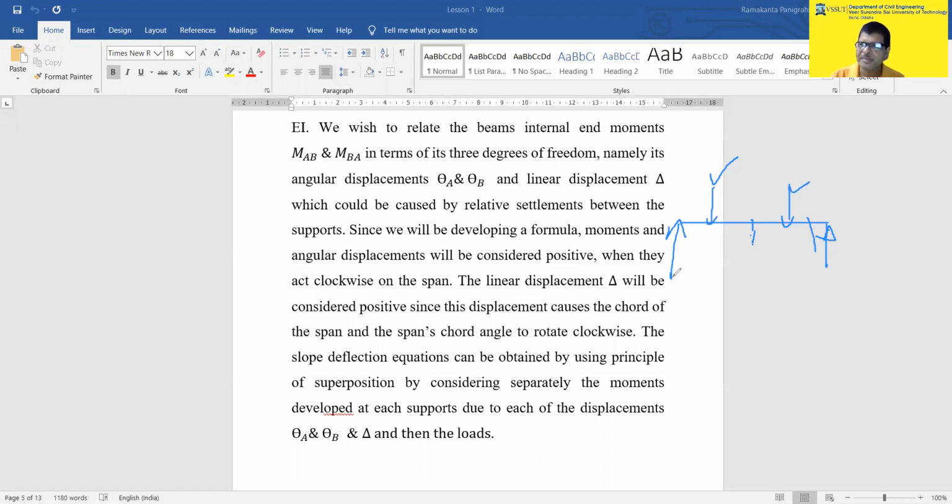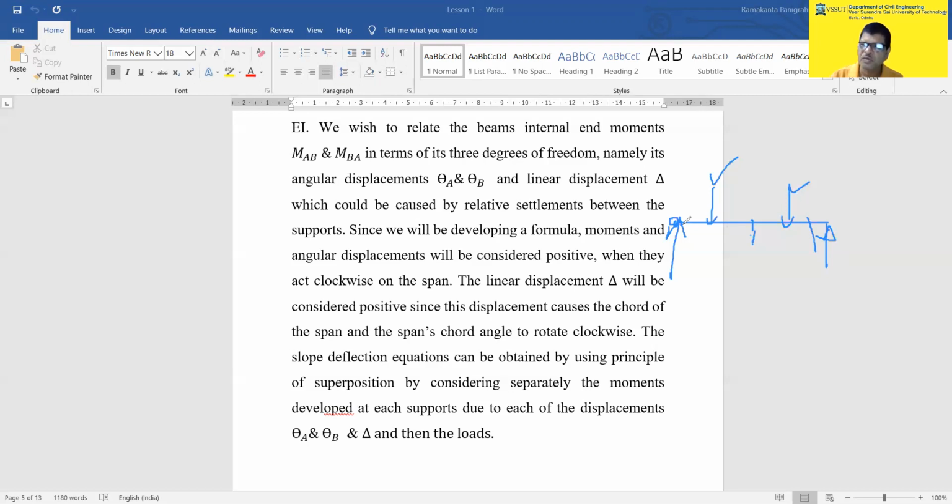So whatever moments are developed due to theta A, if we are applying rotation theta at A, theta at B, and delta, then all the moments will combine. That is the final moment at a joint. Suppose I am taking this node, and suppose there is rotation theta A, rotation theta B, and delta. Then what is the moment at this node?